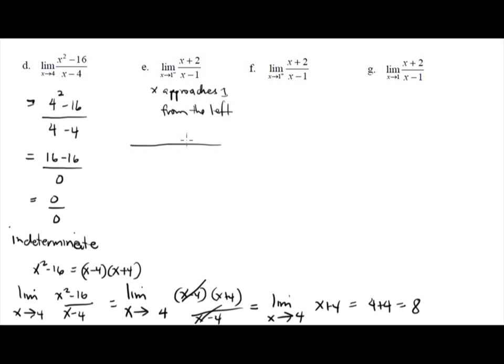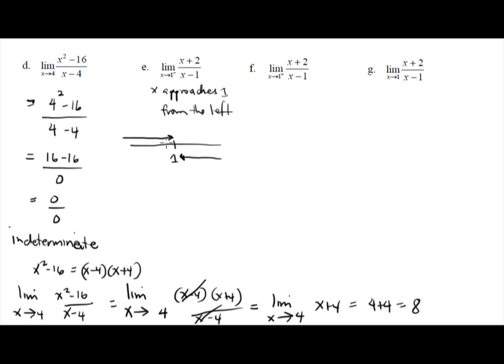Meaning, if this is the number line and this is the number 1, your x is coming from the left as you approach 1. In the same way, when x approaches 1 with a plus sign, it means you're approaching 1 from the right of 1, so these are the numbers bigger than 1.